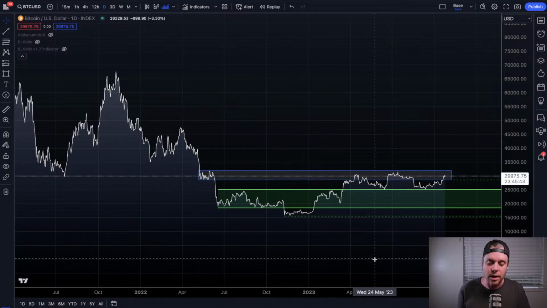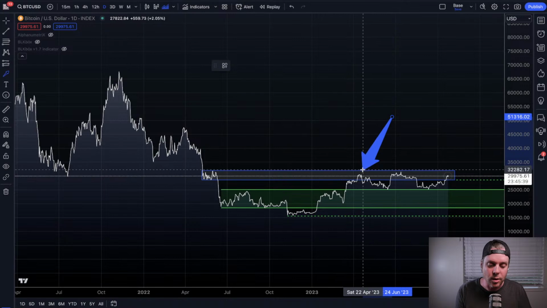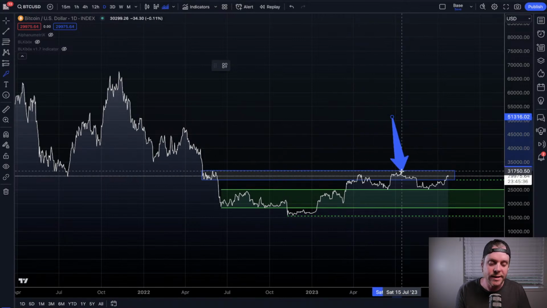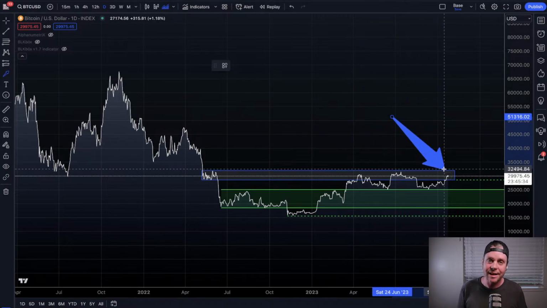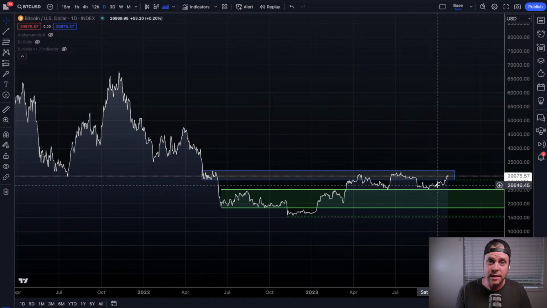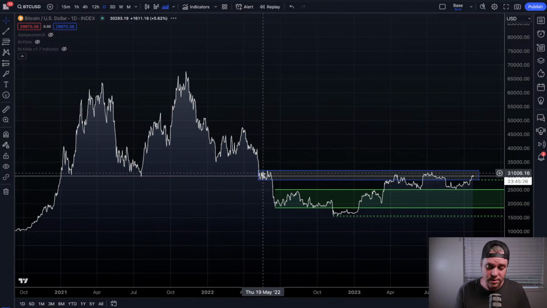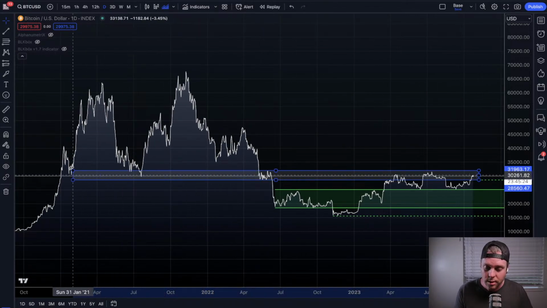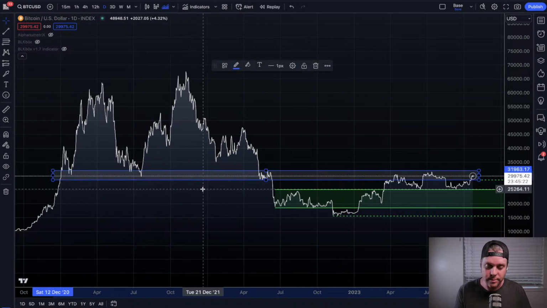This has been the area of rejection. We have been rejected from this area once, twice, and now potentially looking at a third time for a rejection, but we're not covering the bearish right now. We're covering the bullish. This is the make or break. You can see that this resistance point has also been tested numerous times throughout the previous cycle as well.